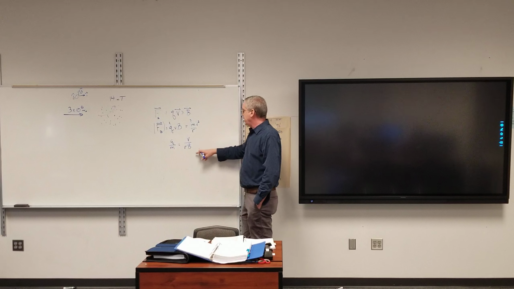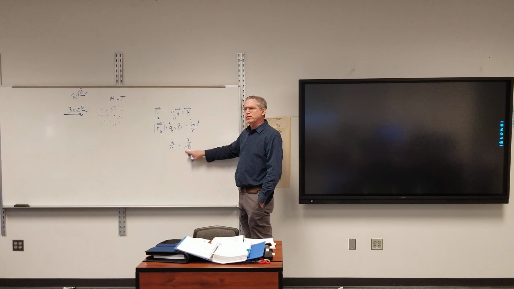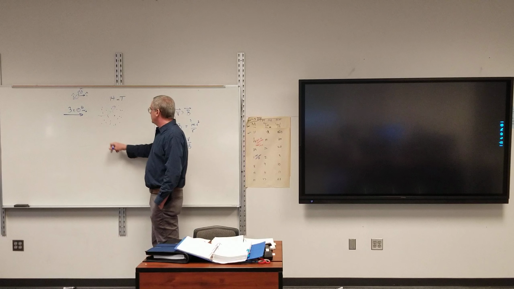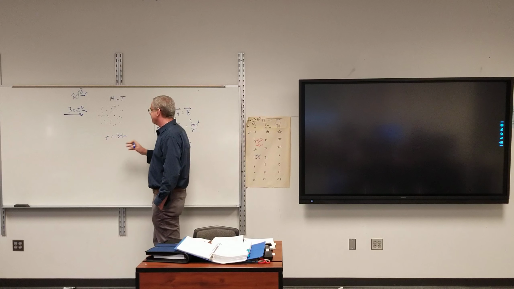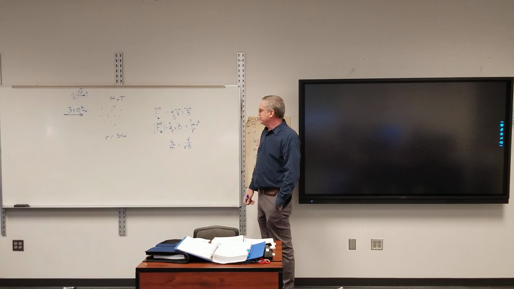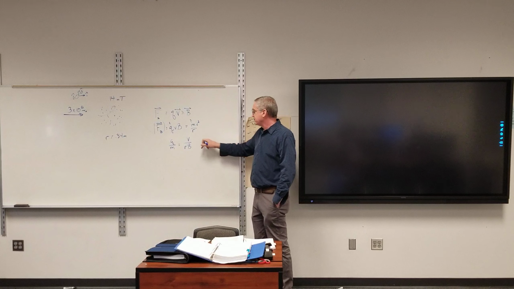I know v, I know B, actually I do know r. Did I give that? No, I don't think so. Oh, wait, no. Quarter plane in an arc with a radius of 0.43 meters. All right. So let's make r equal to 0.34 meters. So I do know the radius of curvature.